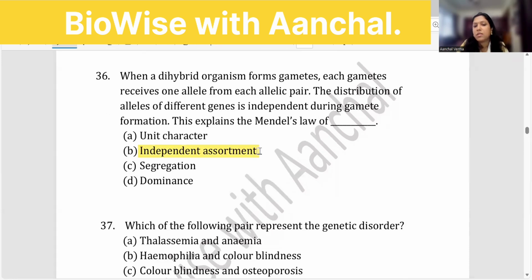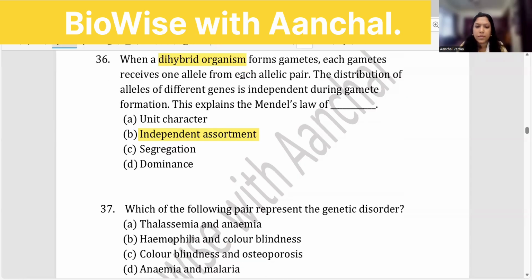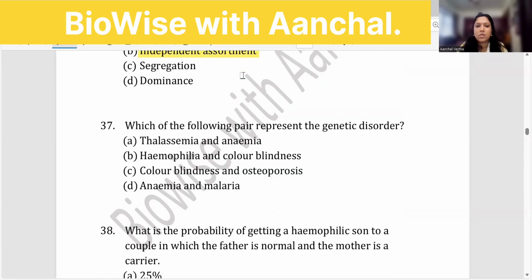Independent assortment. Because you're talking about two separate characters, different genes. But if you talk about the reappearance of the recessive trait in the F2 generation of the monohybrid cross, it talks about the law of segregation, and F1 talks about the law of dominance. These are certain shortcuts to understand.